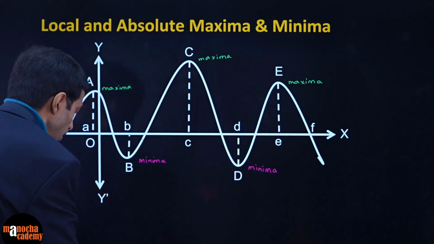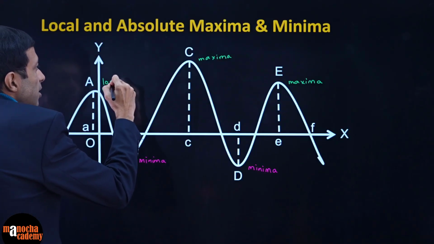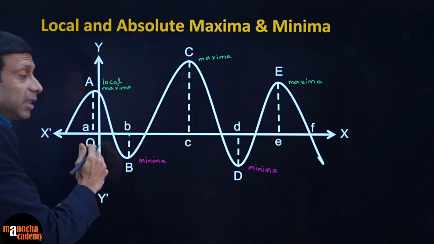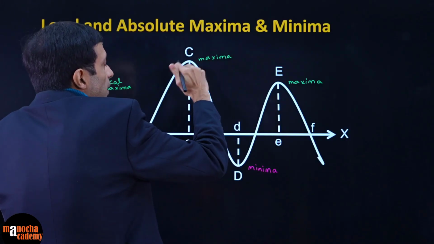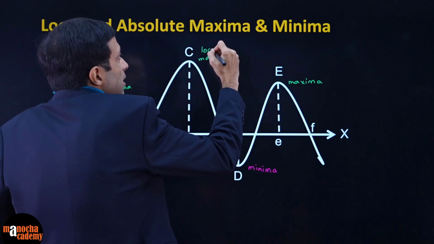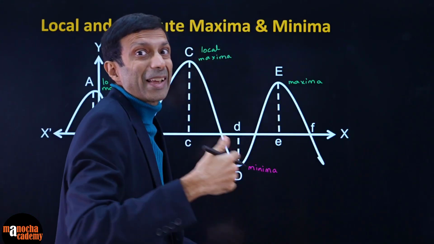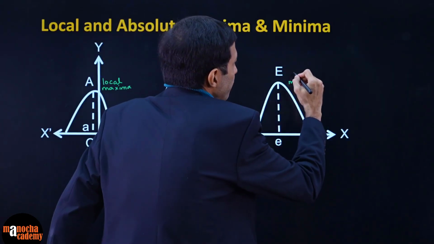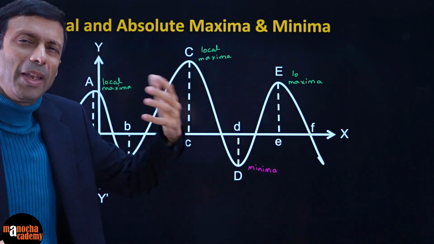So within this region, because it's local, this guy is the local maximum. Similarly, in this area, if you just look at this area and forget about the rest, this is the top of the hill. So again, this is a local maxima, a point of local maxima, or local maximum, whatever word you want to use. They use these interchangeably: maxima, maximum, minima, minimum.